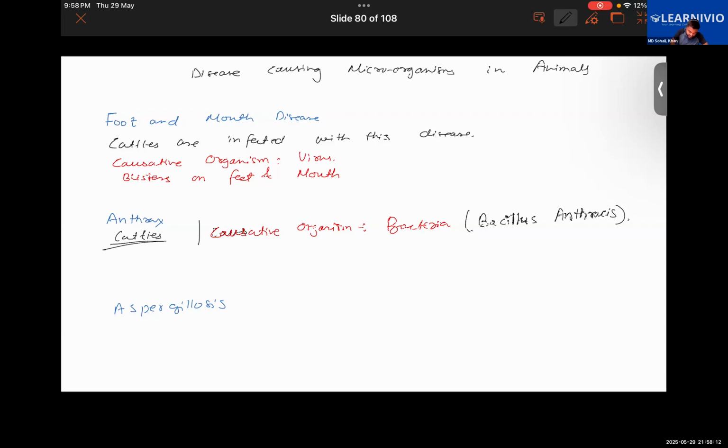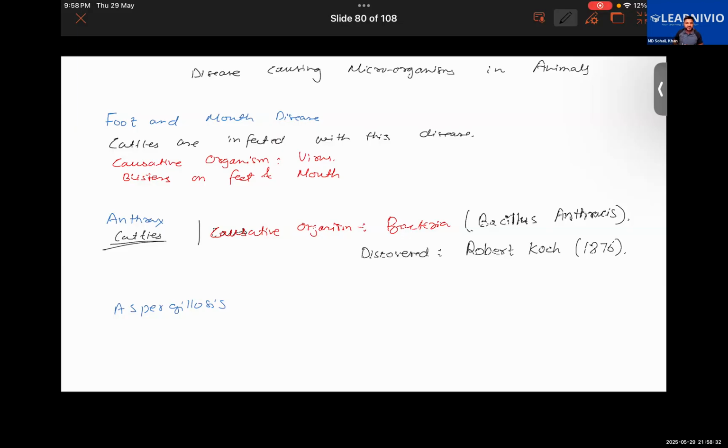So who discovered this bacteria? Yes, it was Robert Koch, in the year 1876.